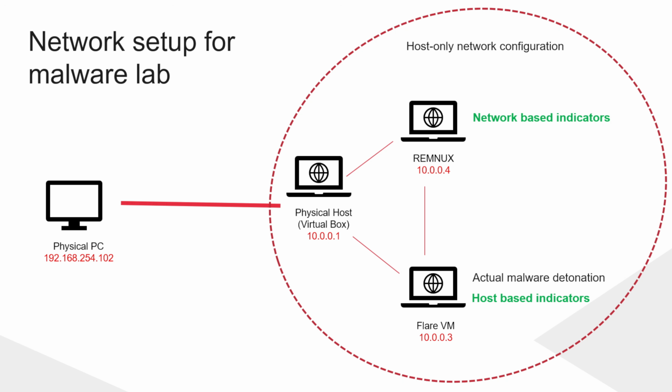At the center of the red dotted circle is the VirtualBox host adapter, which has the IP address 10.0.0.1. Over this, we will also run a DHCP server with the IP address 10.0.0.2, which will provide IP addresses to the other two VMs.